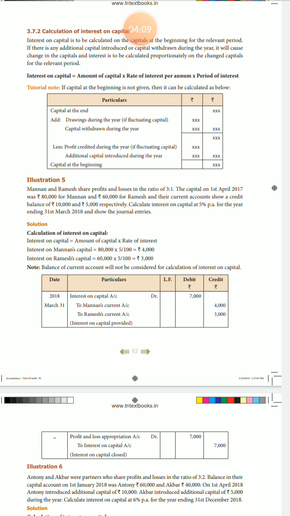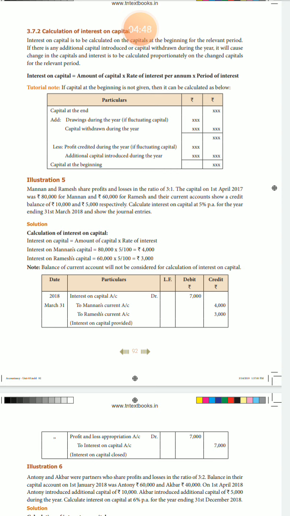In the trading account and profit and loss account, balance sheet, in 11th standard, each and every student clearly studied this part. This is a very interesting chapter. Correct, in the profit and loss account, interest on capital is an expense only. In the profit and loss account, you write on the debit side only.